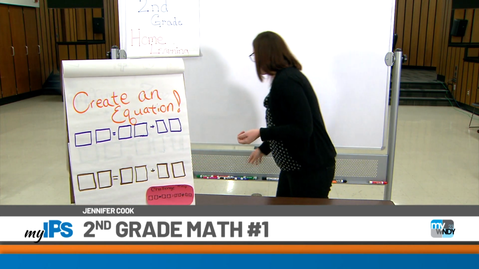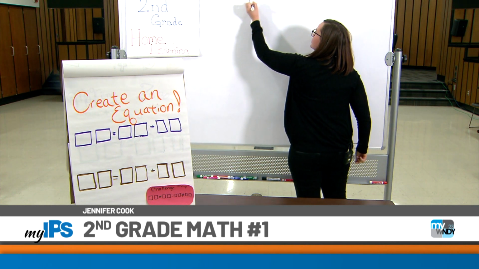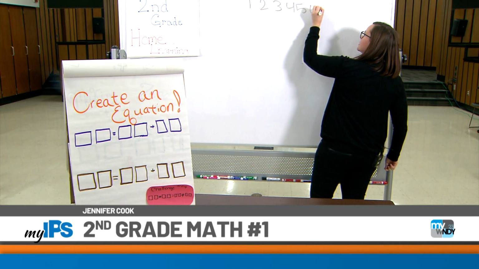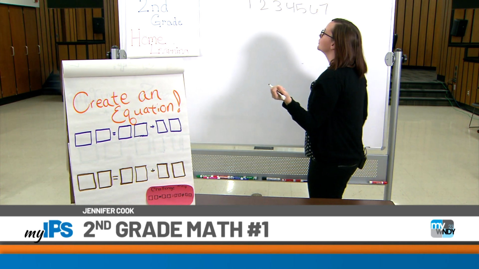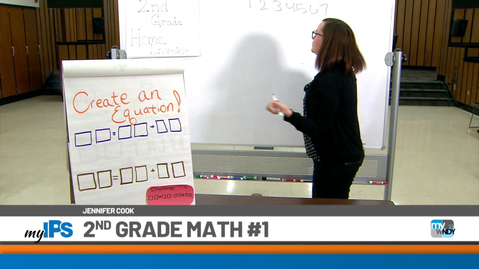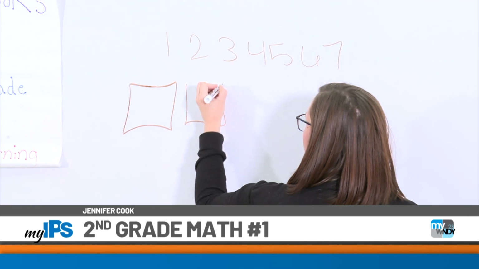So I have, my rules are 1 through 7. I can use 1, 2, 3, 4, 5, 6, and 7. Now I can only use those numbers one time. So let me write out my equation boxes.